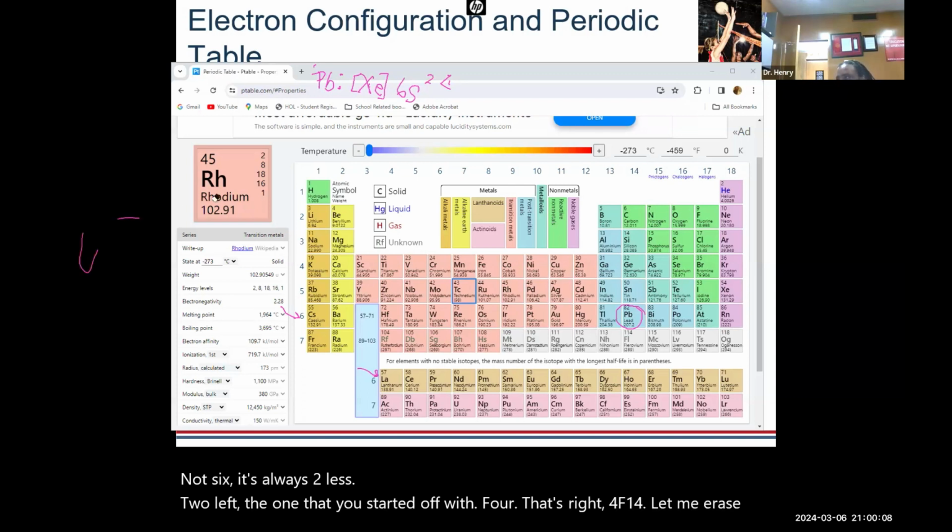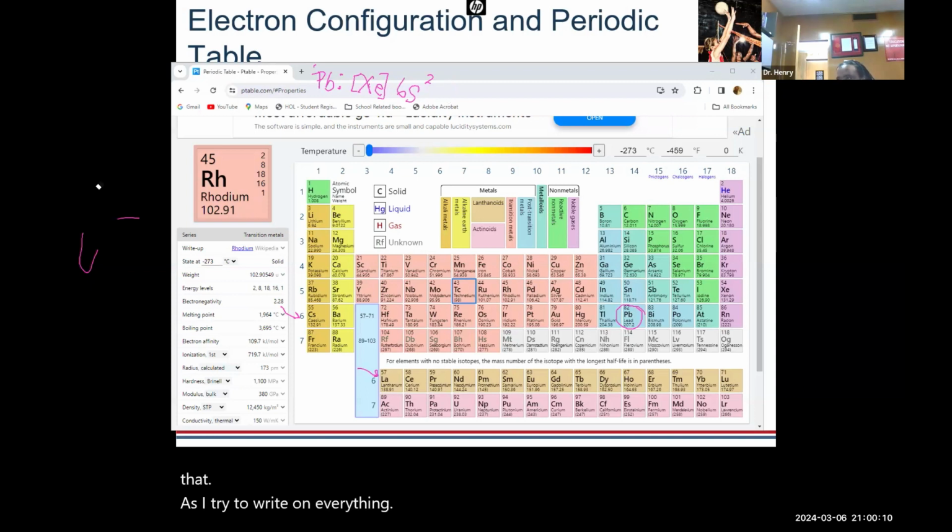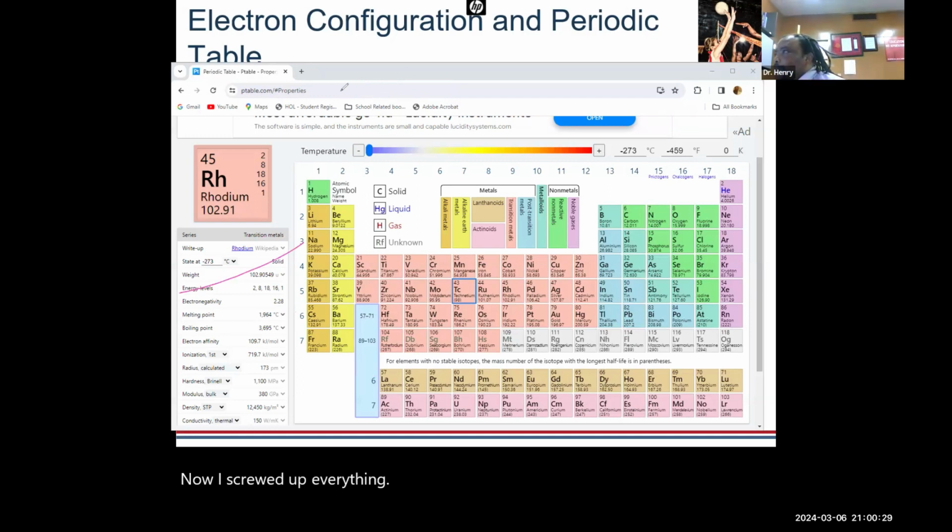I try to write on everything. Now I screwed up everything. Struggling with this pen. We're going lead, Pb, bracket, and then we had xenon. Then we had 6.